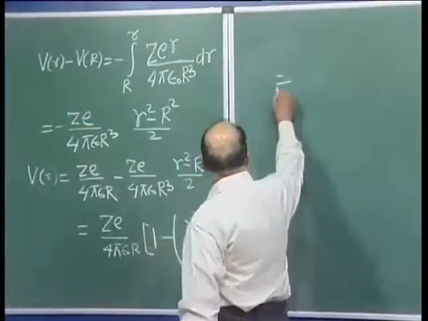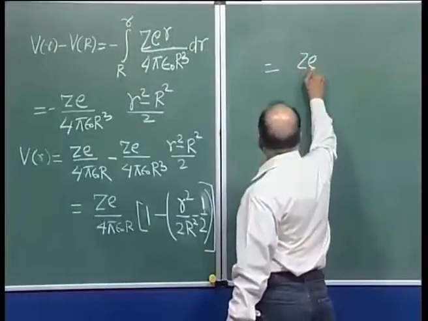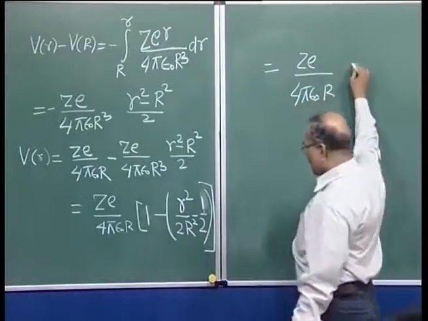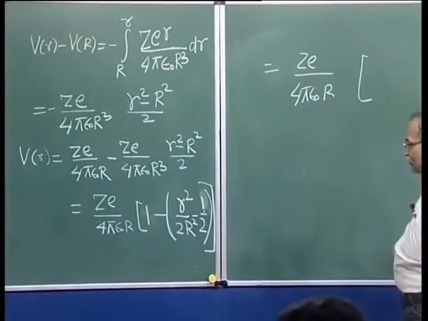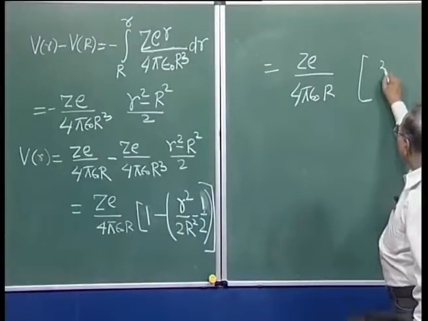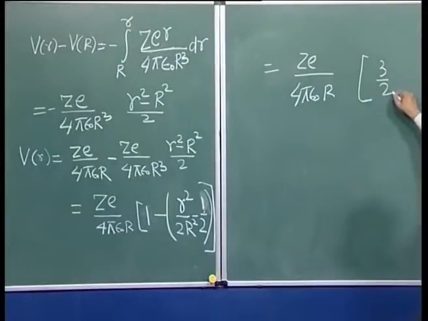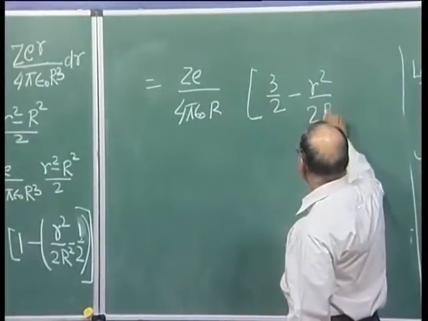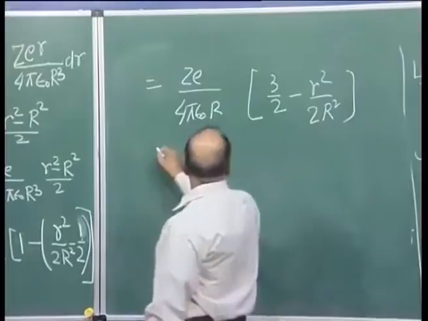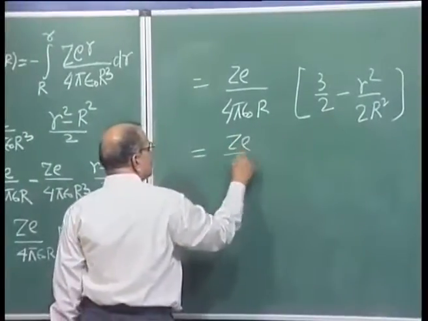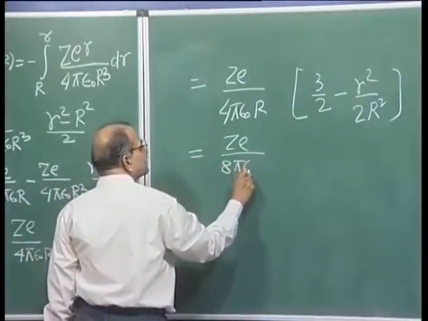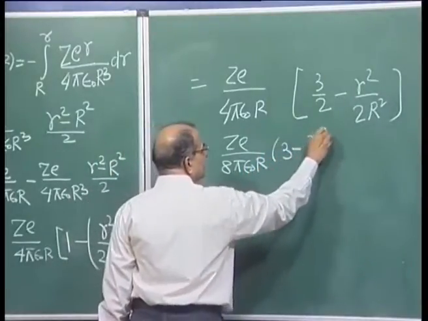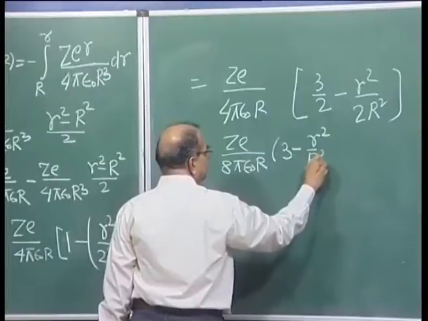Alright, so this is equal to Z E by 4 pi epsilon naught capital R, and then 3 by 2 minus r square by 2 R square. So, you can write this as Z E over 8 pi epsilon naught capital R, and 3 minus r square by capital R square.